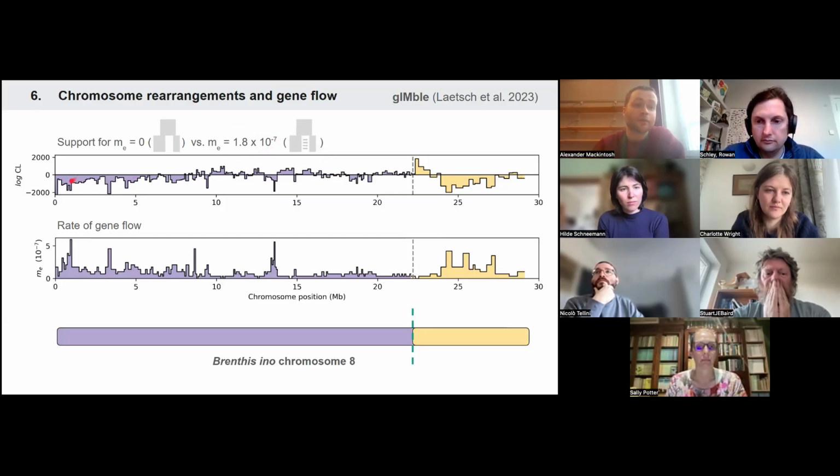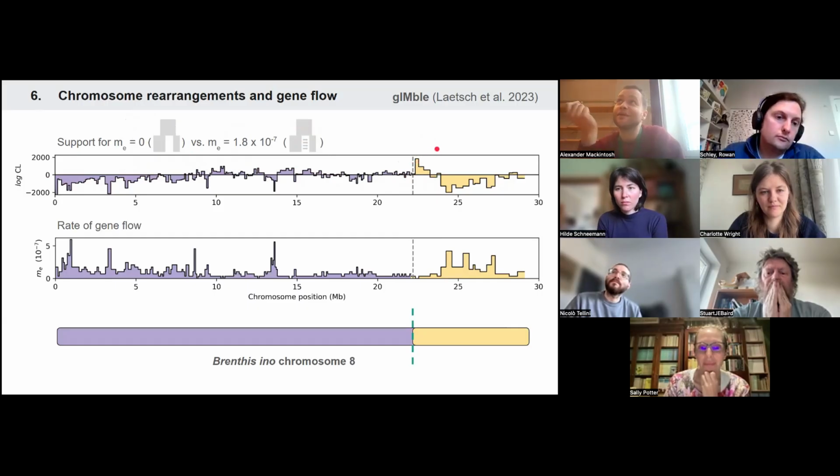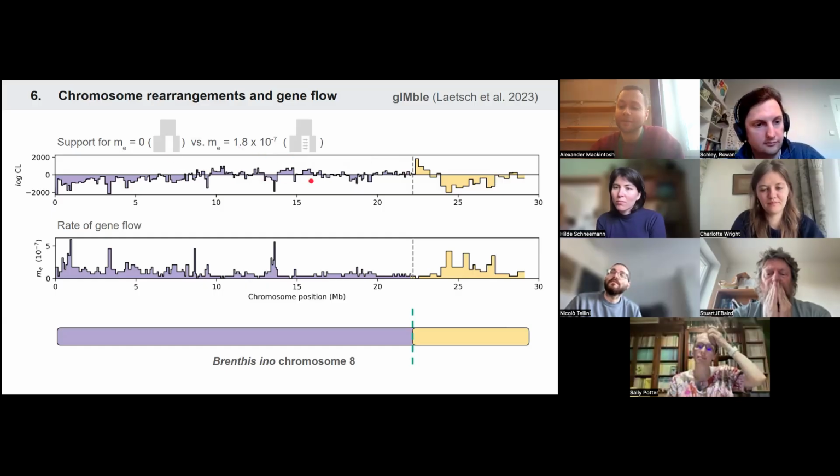For each window, if you're above this line, then you have more support for a barrier, essentially a complete barrier to gene flow, than a non-barrier window. And we do see this here and here and here, and just right next to our rearrangement point on this chromosome, we find a small mountain of composite likelihood. And this point just here is the window that has the strongest statistical support for a barrier to gene flow in the whole data set.